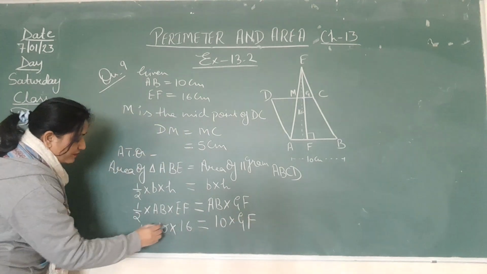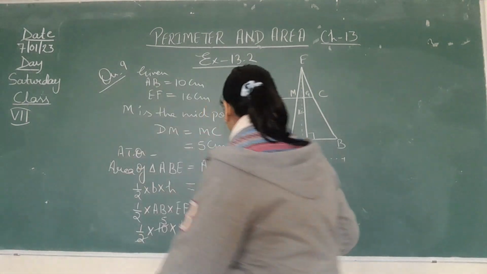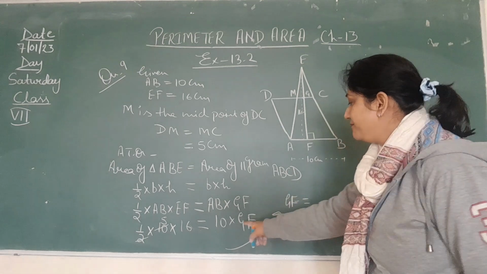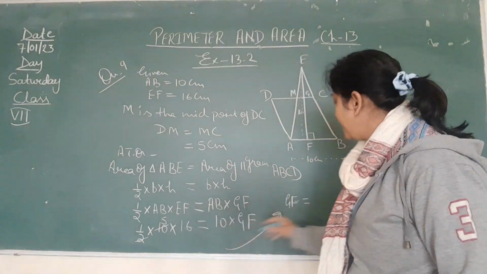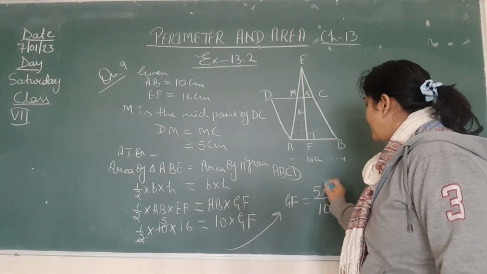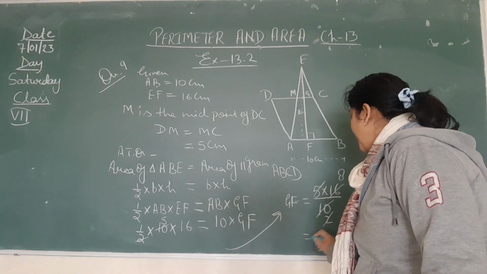Now I am going to solve this. So GF is equal to, we transpose this 10 to the other side. So 5 into 16 upon 10. 5 2s are 10 and 2 8s are 16. So 8 centimeter.